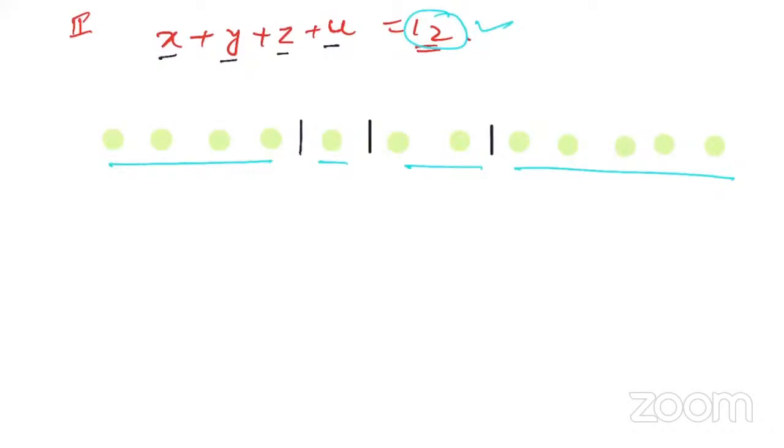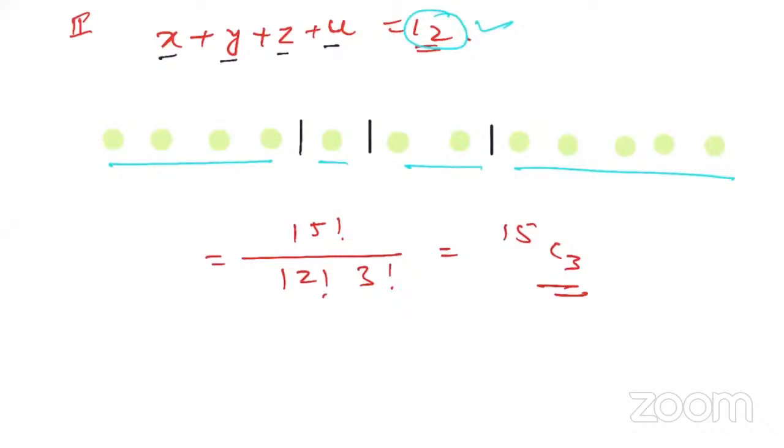So the total number of ways in this case will be 15 factorial by 12 factorial 3 factorial, or this is 15 C 3, or this 15 C 12, both are the same thing, right? The separators could be first here, second here, third here, and fourth somewhere else.